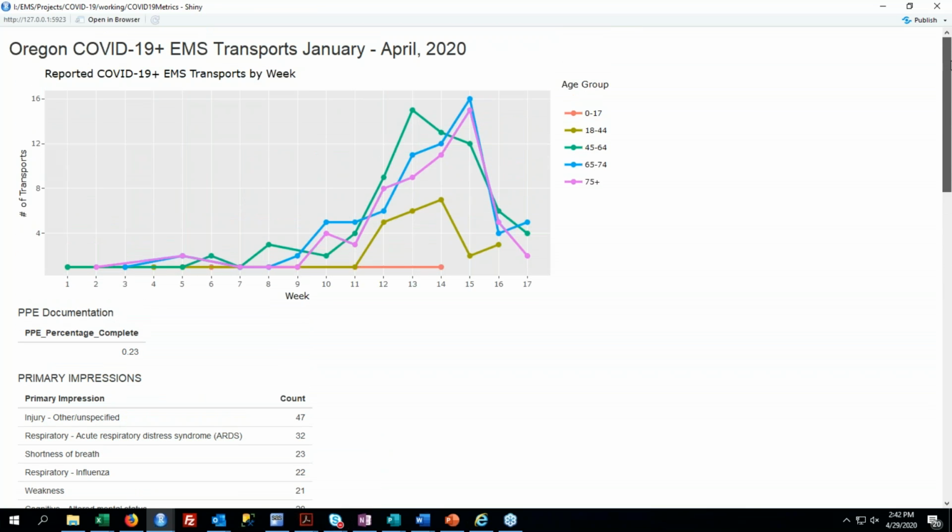We do know of the positive tests, how many were hospitalized, how many were sent to the ICU, how many were put on ventilators, and how many died. But I don't know that we are tracking hospital discharge data or diagnostic data. I have not seen that.